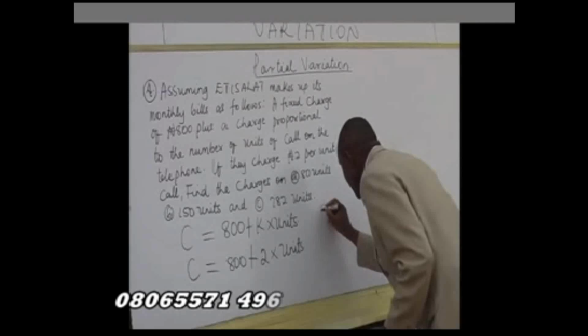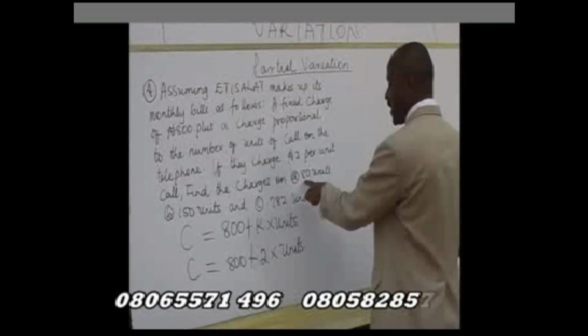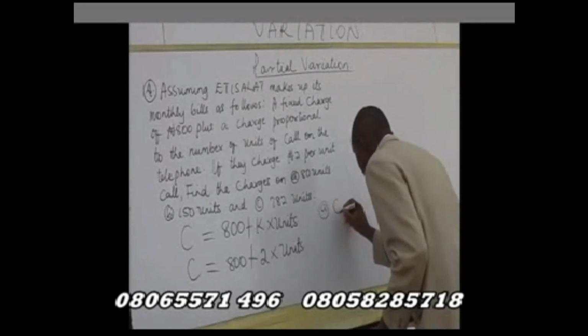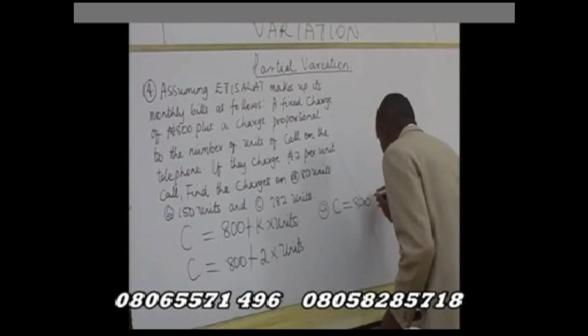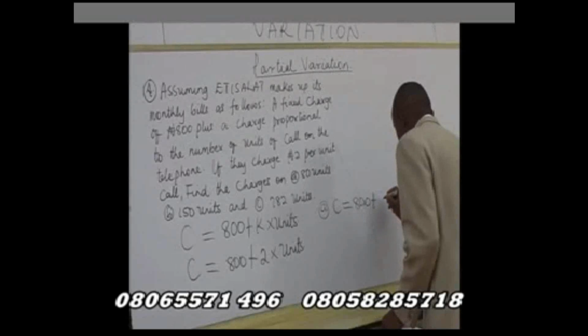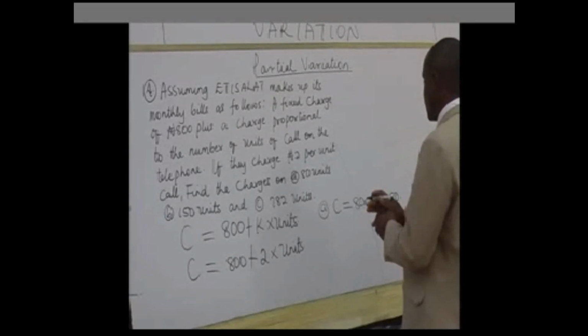Our A equation says we should calculate the charge on 80 units. C is equal to 800 plus 2 times 80. That's what it means.